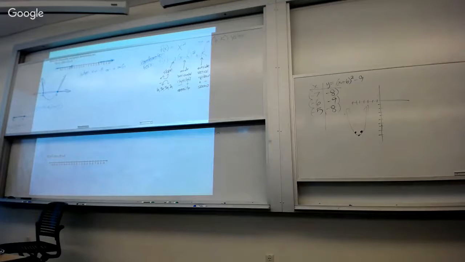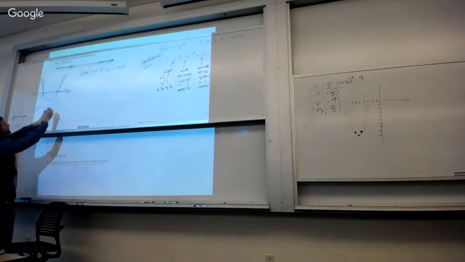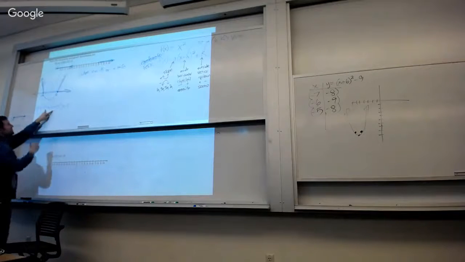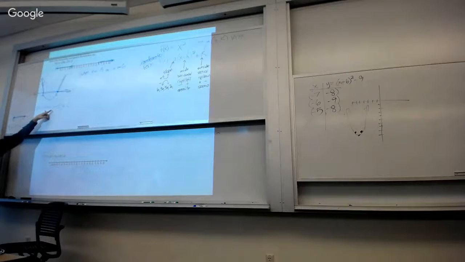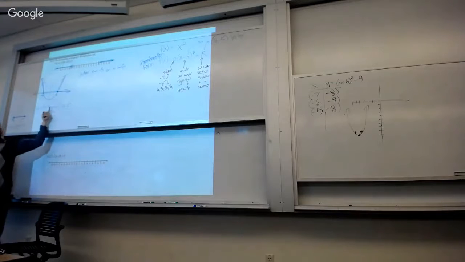Layla asks, so I was wondering, why are the signs not the same? That's a very good question. Remember when we were asking about this before, when is this equal to 0? We use the zero product rule, which states that this times this equals 0. And if something times something equals 0, what do you know about one of those?